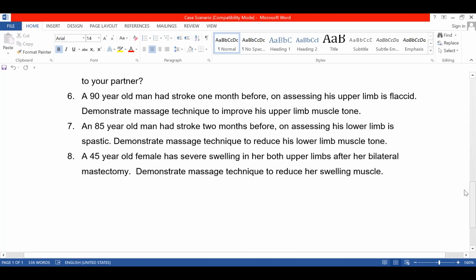Good morning, Miss. So, based on the question, the patient is having muscle flaccidity. So, massage should be given from distal to proximal. Okay, good. Before the massage, position the patient in supine lying first. And then I'll apply lubricants with touch.